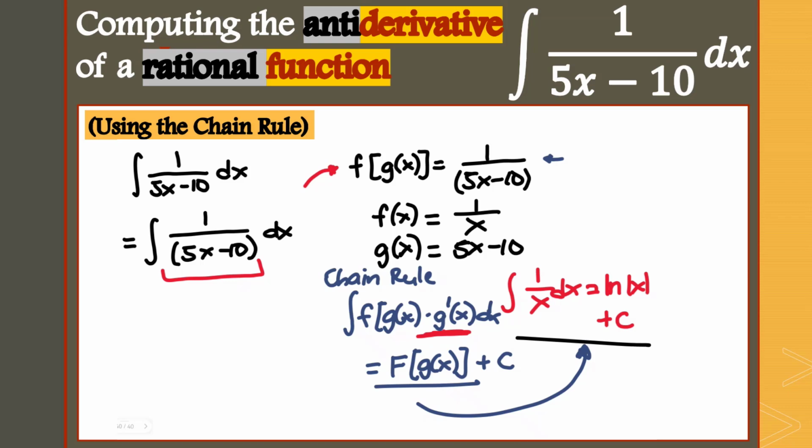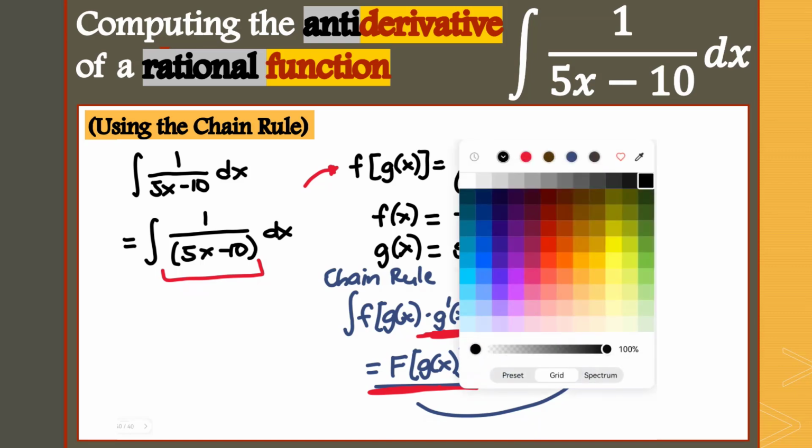What we need to do is to include here g prime of x. It's the derivative of your g of x before we can integrate that using the outer function itself. So we are going to include here g prime of x, or the first derivative of 5x minus 10, which is actually 5. Okay, the first derivative of 5x minus 10 is 5 minus 0, or simply just 5.